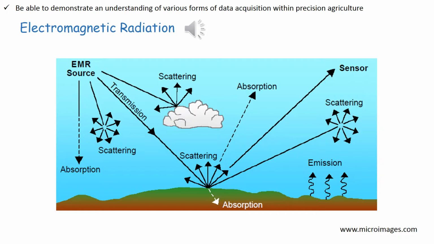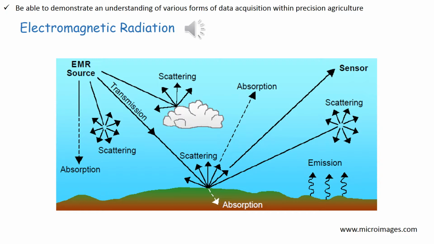As it travels through the atmosphere, it can be transmitted, that is, it travels from the sun through the atmosphere and reaches the Earth's surface, and some of the radiation will be scattered as it travels through the atmosphere. For example, the scattering could occur due to the water vapour from the clouds, and this scattered radiation may or may not reach the Earth.